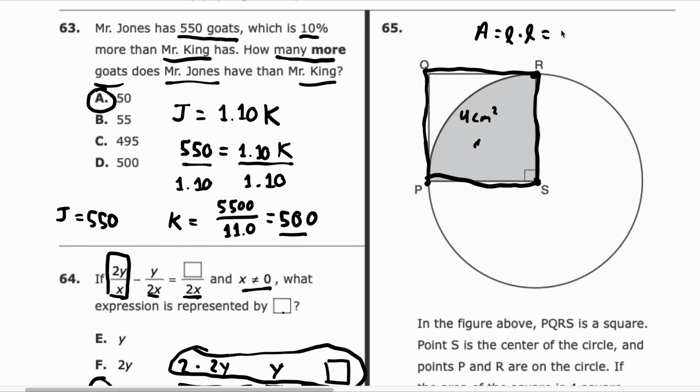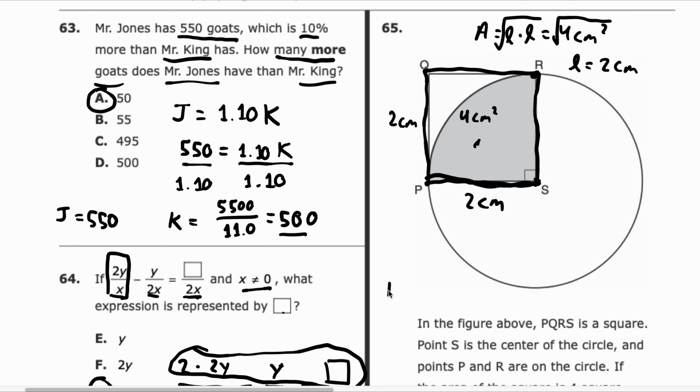So we know that area is 4 centimeters squared, and therefore if we take the square root of both sides, then the length would just be 2 centimeters. So this is 2 centimeters, and this is 2 centimeters. And we also know that PS is just the radius of our circle.